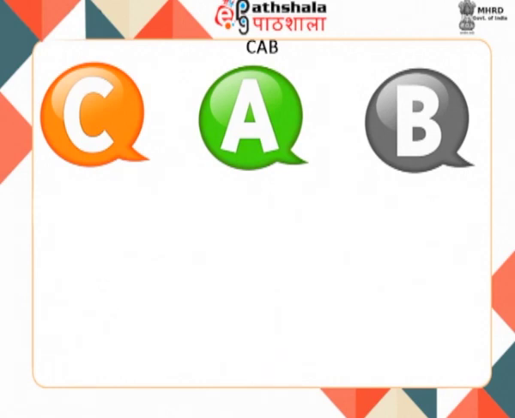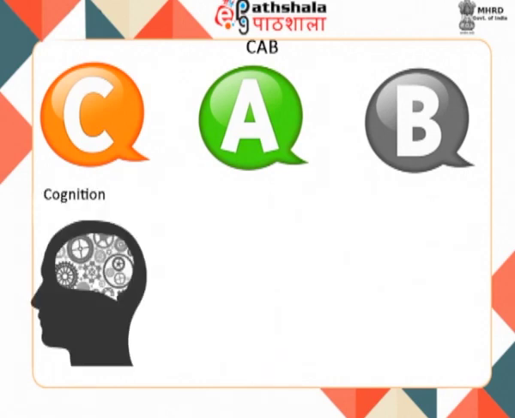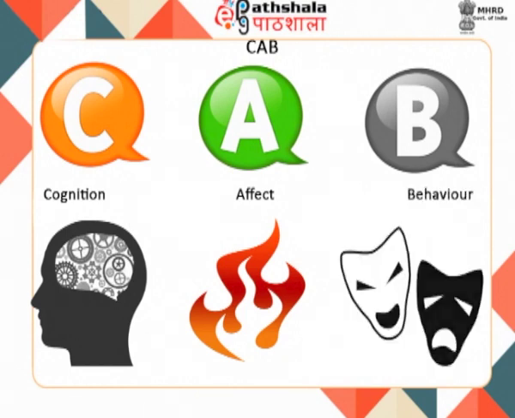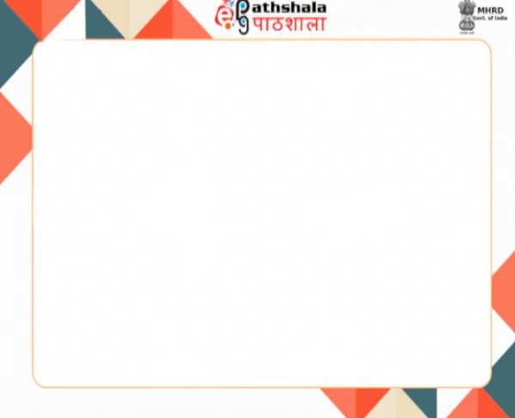First, cognition, that is, awareness or learning. Second, affect, that is, feeling, interest or desire. Third, behavior, that is, action. Additionally, experts have developed the TIREA scale that focuses on breaking down the decision-making process into more defined components.